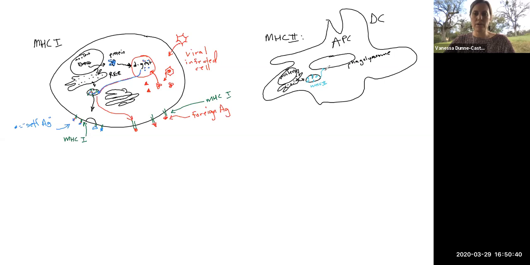And these guys will go and pick up antigens, foreign pieces that have been produced during this phagolysosome digestion, right? And they'll pick these guys up and form these complexes of MHC class 2 and foreign antigen.